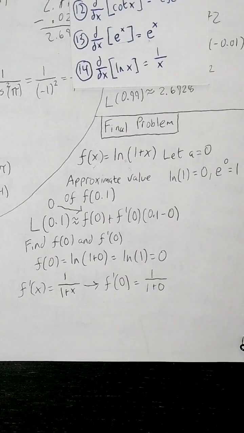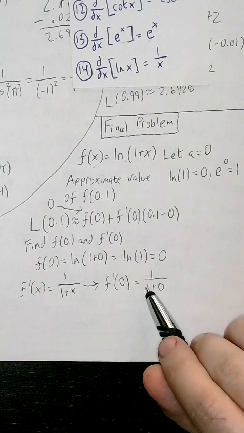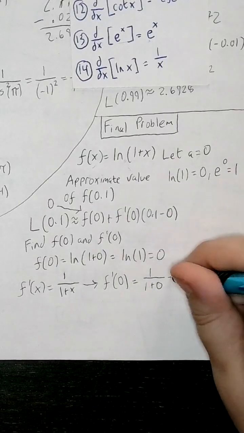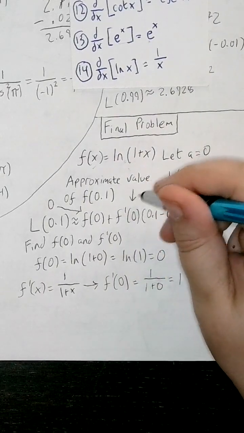DeVito says 1. Joyce says 1. Aaron says 1. Yeah, 1 plus 0. Kim says 1. Thank you all. So 1 plus 0 is 1, and 1 divided by 1 gives me 1. So this value, I'm going to plug in as 1.